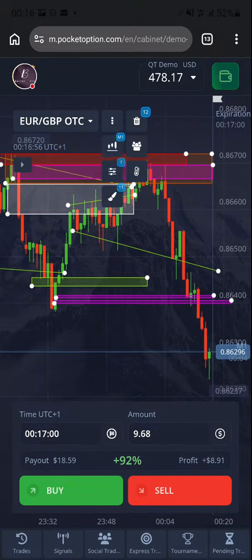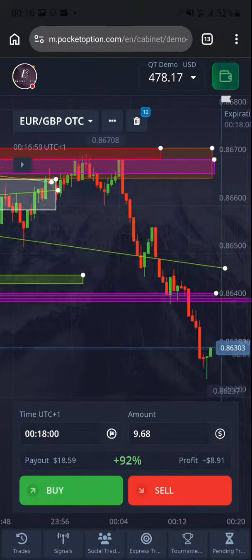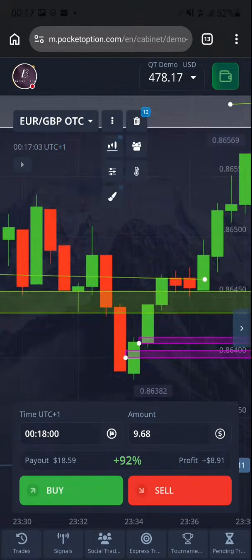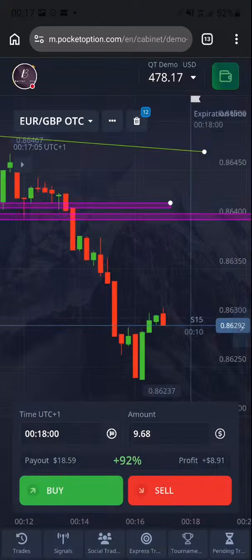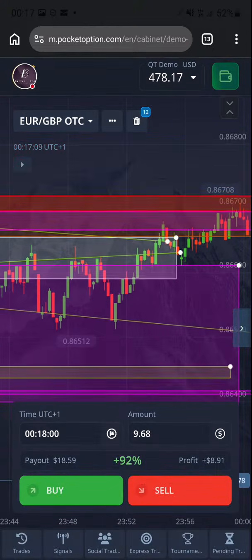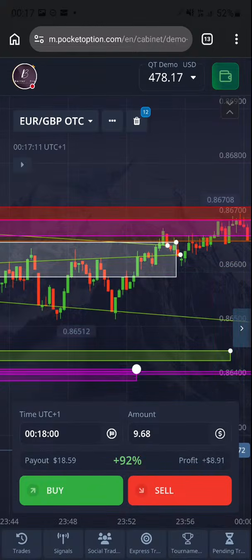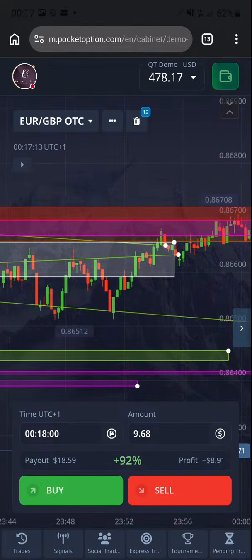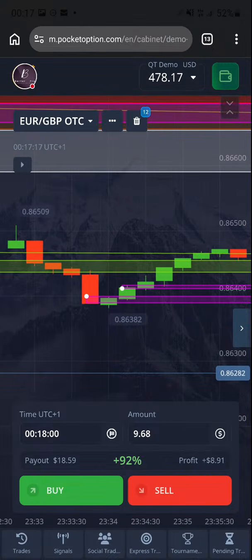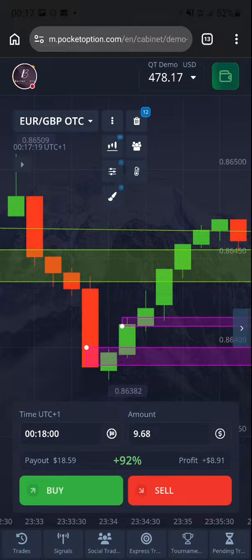So the next thing you want to do is to go to a lower time frame and find entries. You see me going to a lower time frame quickly. That time I was looking for entries. I couldn't see one in S30, so I go to S15 and check. I didn't see it in S15, so I go to S10.